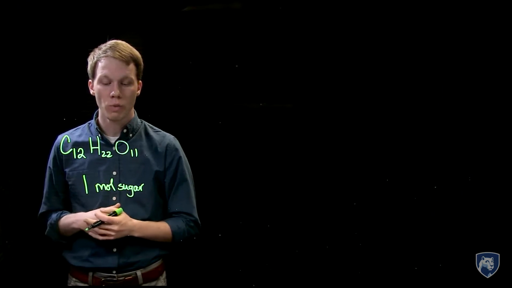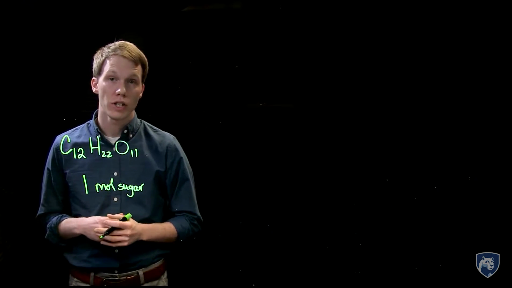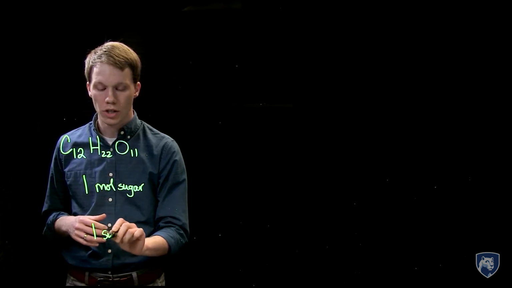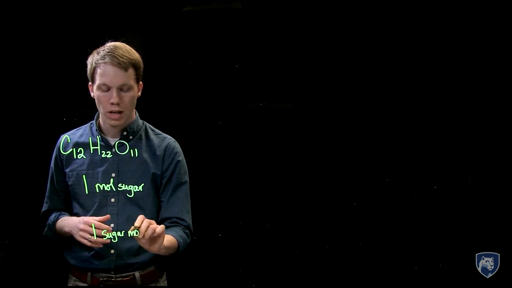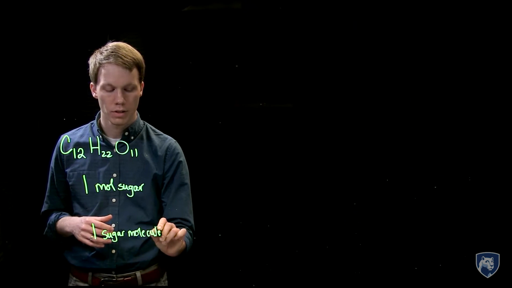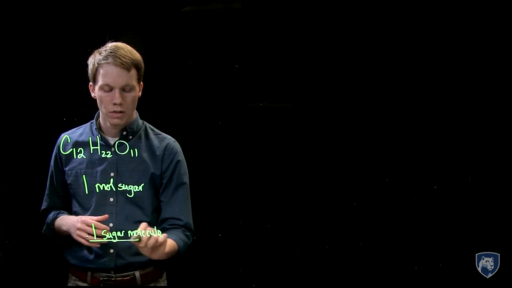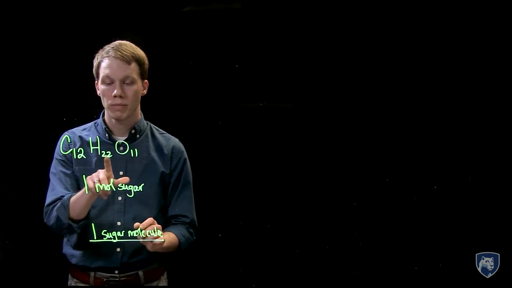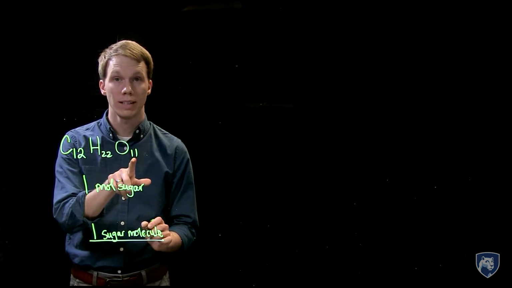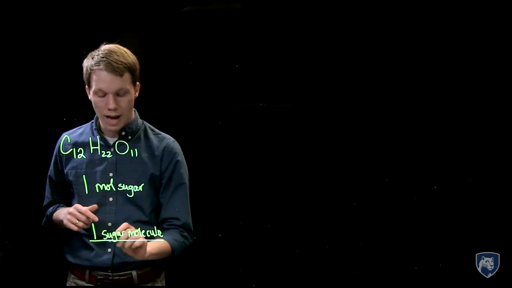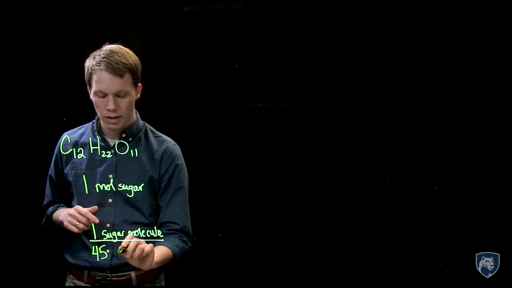So I'm given that there's 1 mole, and I need to know this ratio again. For every 1 sugar molecule, how many atoms do I have? If we count them, we have 12 carbon atoms plus 22 hydrogen atoms plus 11 oxygen atoms. So I have 45 atoms.